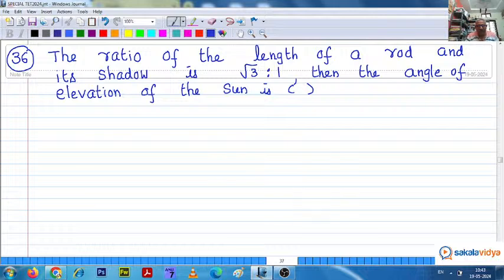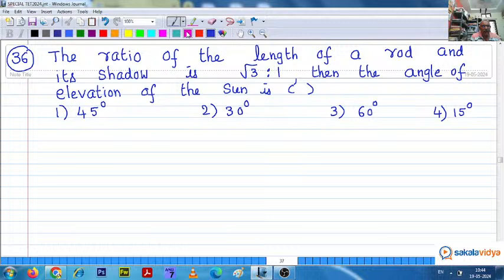As the time changes, the shadow varies. At that time, what is the altitude? The altitude will be calculated in terms of angle. See, now the first option is 45, second option is 30 degrees, third option is 60, fourth option is 15 degrees.